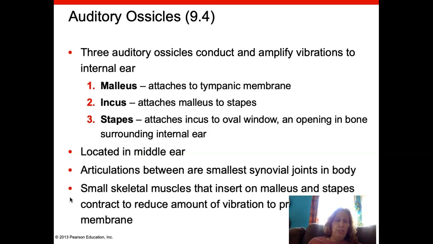So starting from the tympanic membrane is the malleus, then comes the incus, which attaches to the malleus, and then the stapes. These tiny little bones are in the middle ear. They have joints. Those articulations between the bones are the smallest synovial joints in the body. And we'll see that there's skeletal muscles on the malleus and stapes to prevent too much vibration of that tympanic membrane.